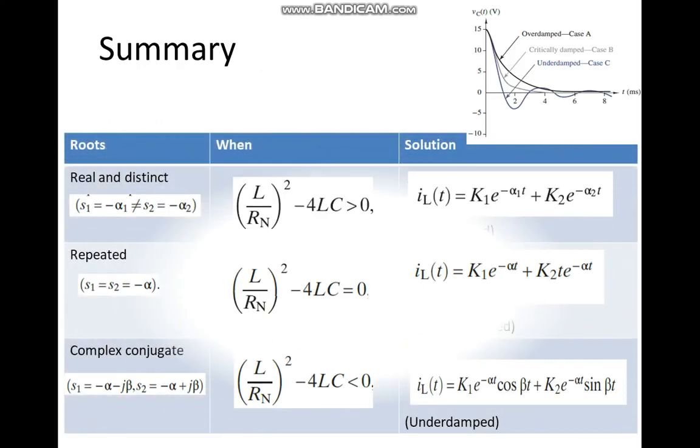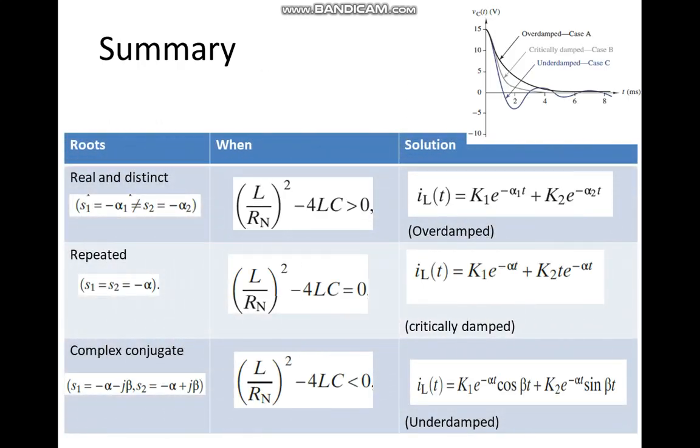So here is the summary for the parallel RLC circuit. When the discriminant L over Rn square minus 4LC is greater than 0, we will get real and distinct roots in the form of minus alpha 1 and minus alpha 2. In this case, the response of the system will be overdamped and the equation of current in the inductor will be K1 e raised to the power first root times t plus K2 e raised to the power second root times t.